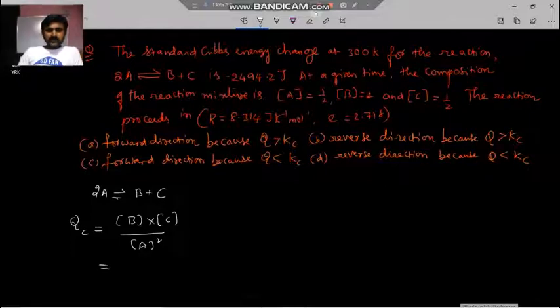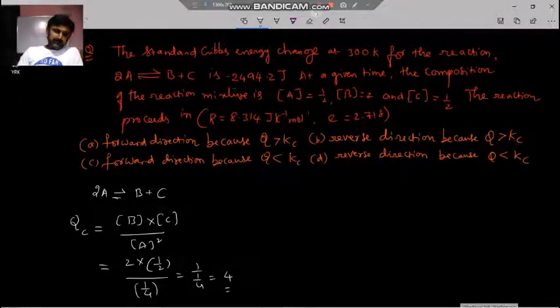Concentration of B is given as 2, concentration of C is given as 1 by 2, and A is given as 1 by 2, but the whole square will become 1 by 4. So it is 1 by 1 by 4. 1 by 1 by 4 is how much? It is 4. Let it be.